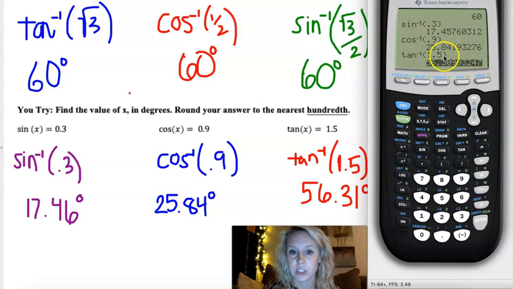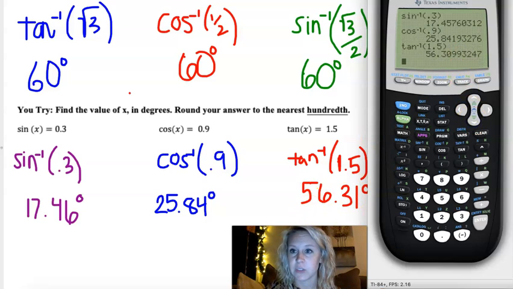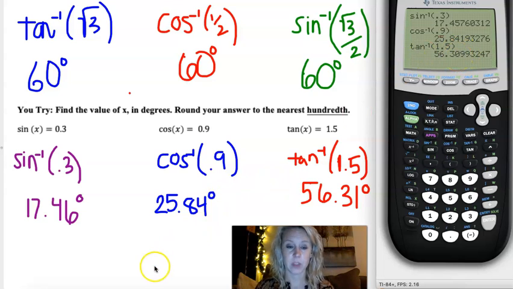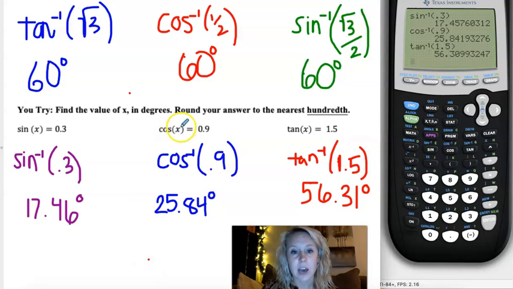On the middle one, it's 25.84 because the 1 is lower than 5. And then the last one is 56.31 because the 9 will round up the 0 to a 1. Okay? All right, so that is how you solve for x if it is in the parentheses, okay?